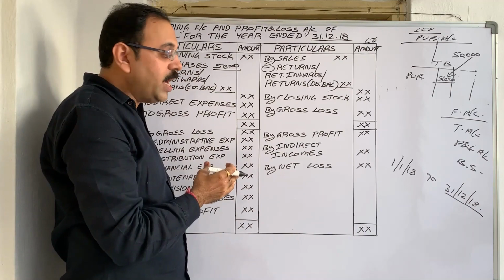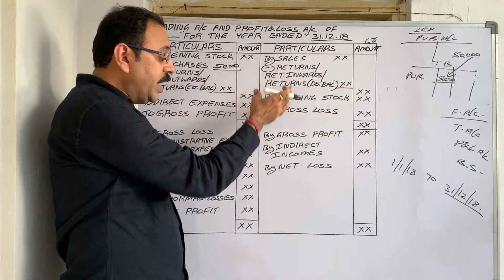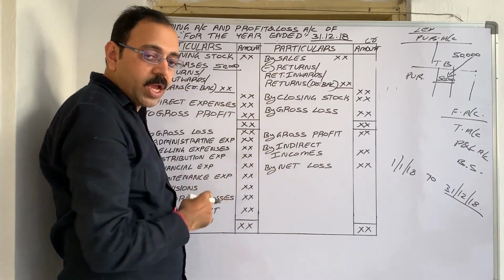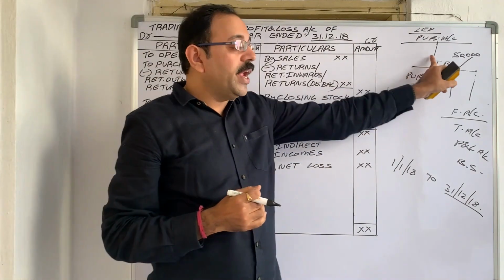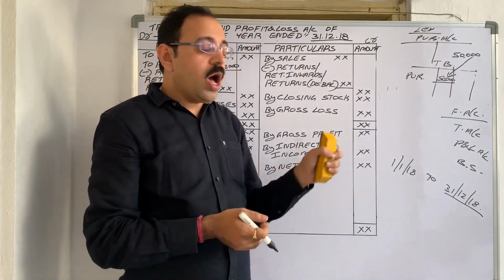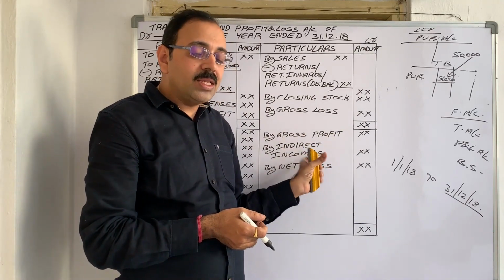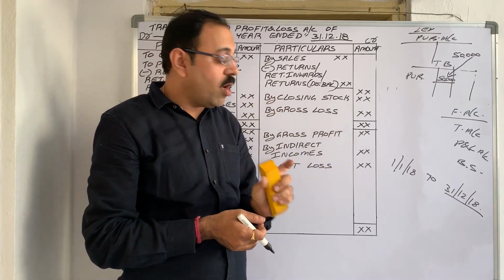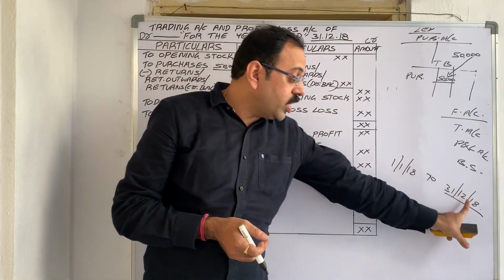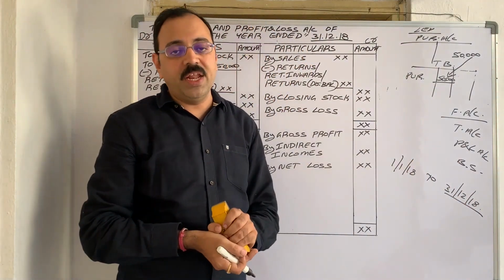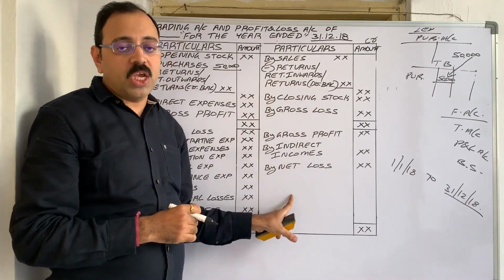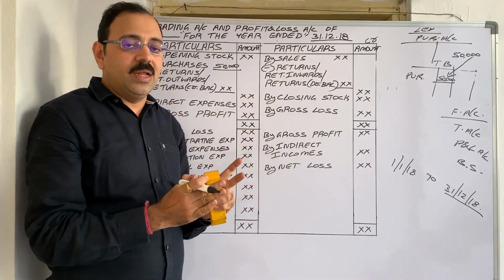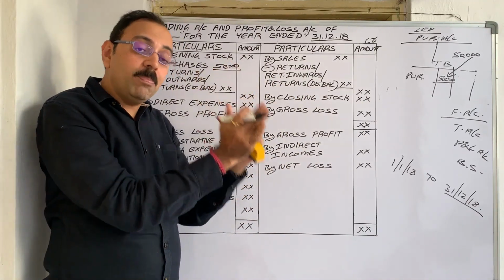It gives the meaning that whatever values we write in the trading account and P&L account, all these values represent the 2018 period. They are the consolidated figures of 1st January 2018 to 31st December 2018. So remember, the trading account and profit and loss account represent the values of a particular period.